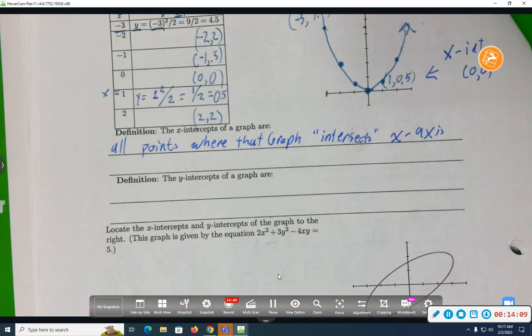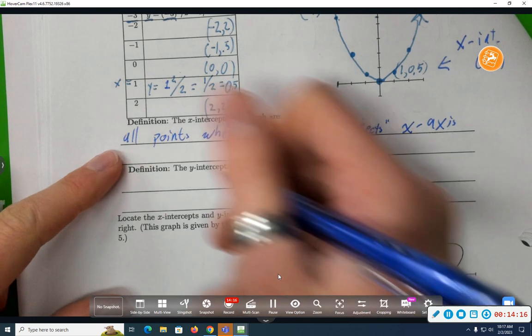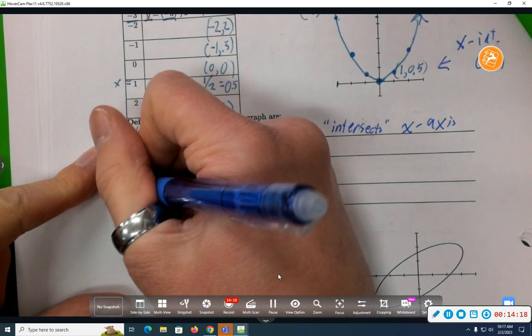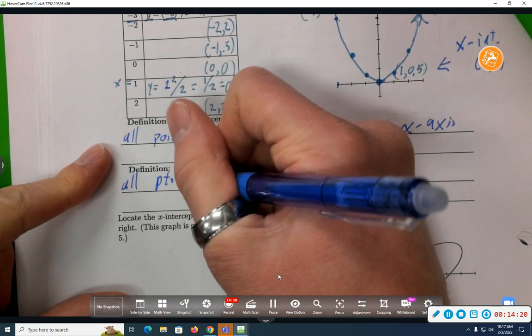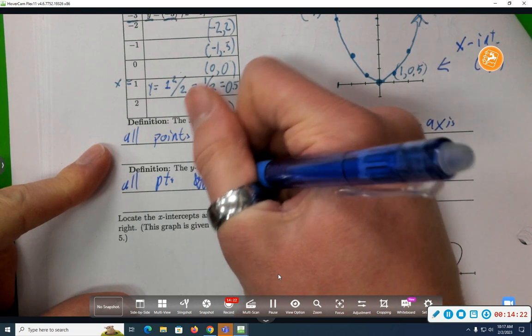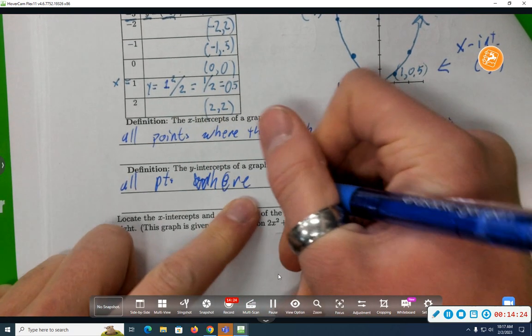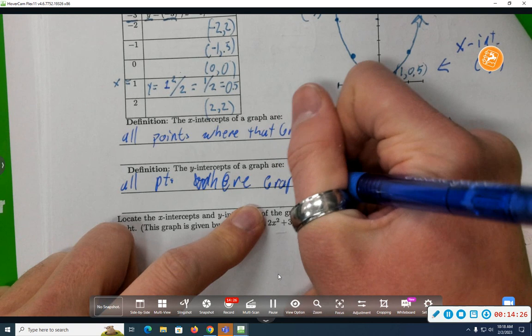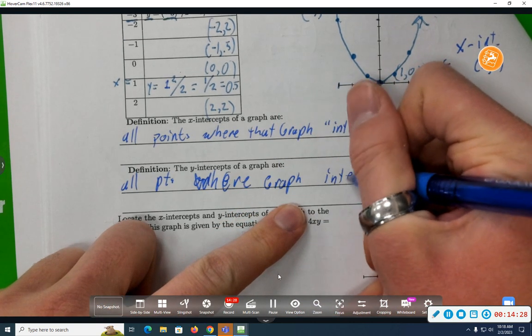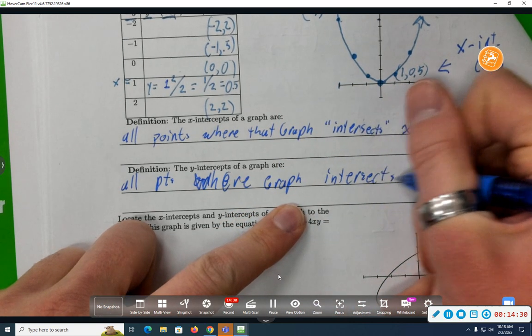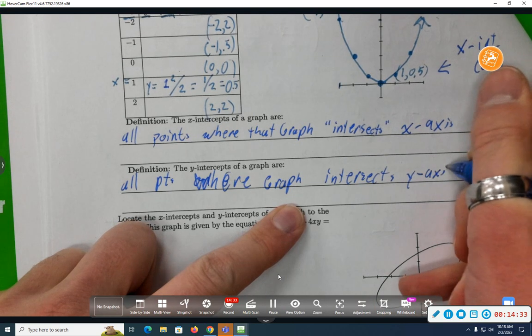Origin is easy to say, but it's fewer letters to write (0, 0). The y-intercept, and I have this next line empty for a reason, is all points on where? Where the graph intersects the y-axis.